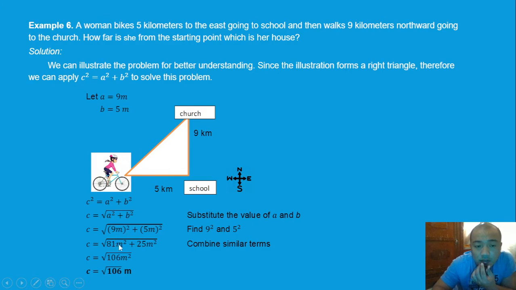So 9 squared is 81, 5 squared is 25. Then adding 81 and 25, 106 kilometers squared. Therefore c is equal to square root of 106 kilometers, about 10.1 or 10.2 kilometers.